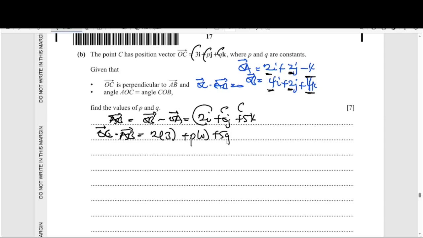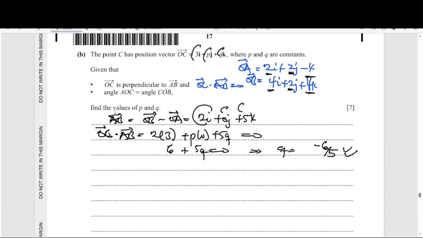So 5q. And it must be equal to 0. So we have here 6 plus 5q is equal to 0. You make q the subject and q is equal to negative 6 over 5. So the value of q has been found to be negative 6 over 5.